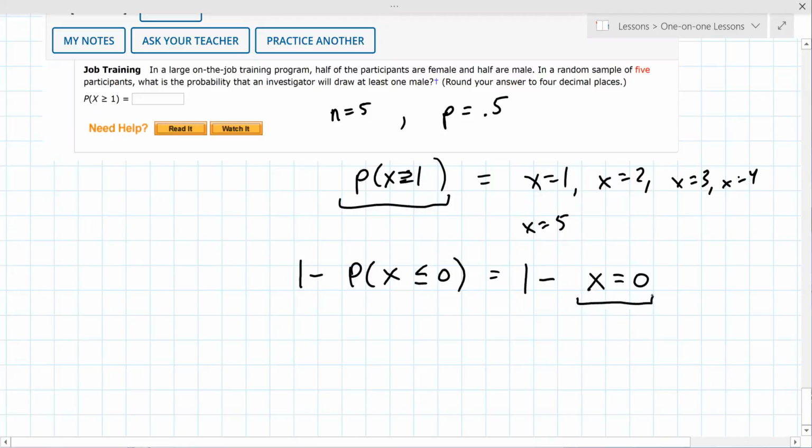So if you get that value, you get them all. So we have to do that for this. So you're gonna use a binom PDF for 5, P equals 0.5 and X equals 0, and then you're gonna subtract it from 1.